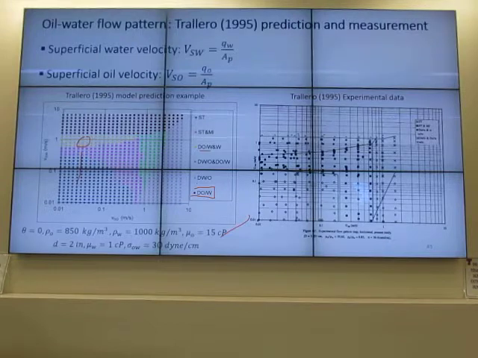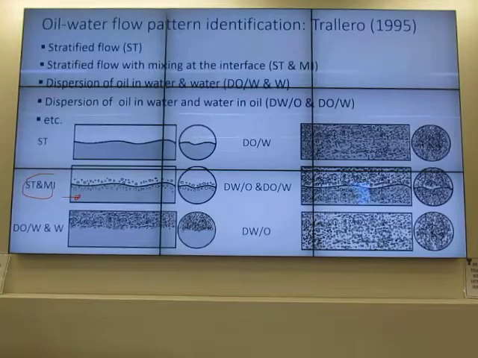So when I see this, the first thing I think is, okay, if we flow water, we can change from stratified flow to fully mixed oil in water. I guess that is because the turbulence from the water breaks oil into several small droplets and disperses them throughout the water phase, and it becomes like this, right?